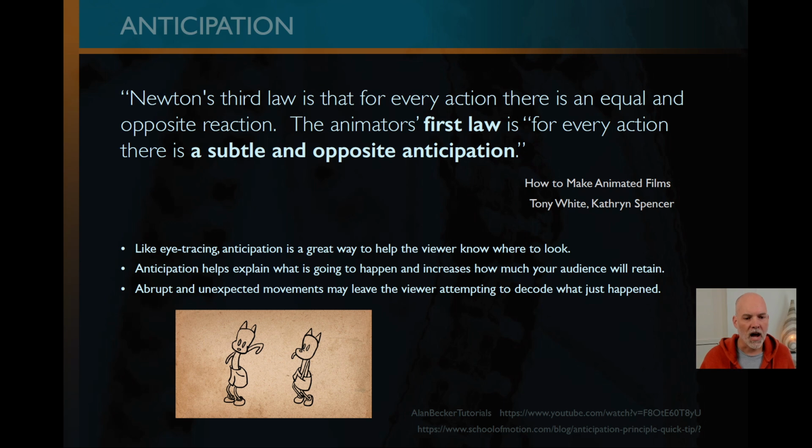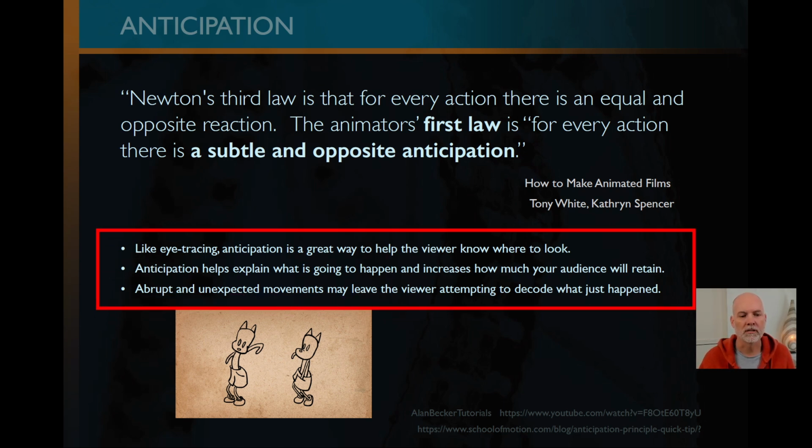However, for us, it's much more important to get the viewer looking where we want them to look, okay? And because we don't want them to miss out on any information. All right, abrupt and unexpected motion or movements leave the viewer attempting to decode what just happened instead of just being along for the ride, okay?